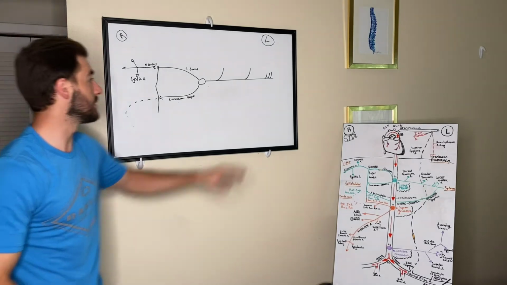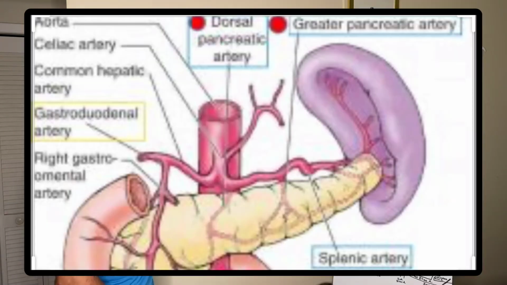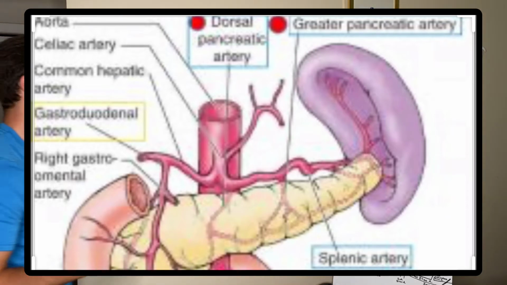And again, you have the spleen, then you have the short gastric artery, which supplies some of the stomach, basically the fundus of the stomach, the greater pancreatic artery, and then you have, sorry I didn't include, the dorsal pancreatic artery. So those are going to be the pancreas, and then you have the stomach.